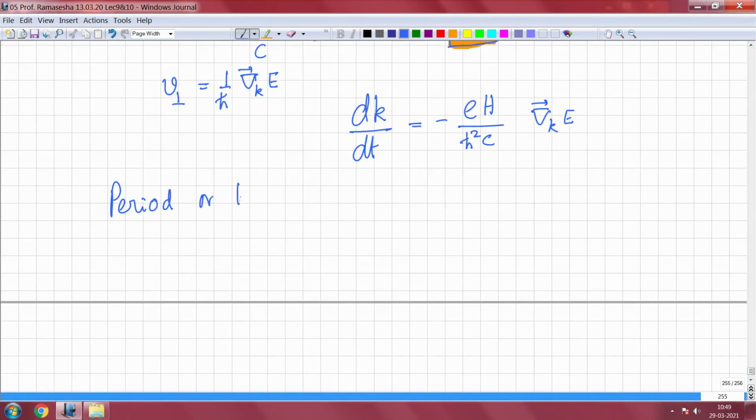We can find out the period, or the time taken by the electron to complete one revolution.